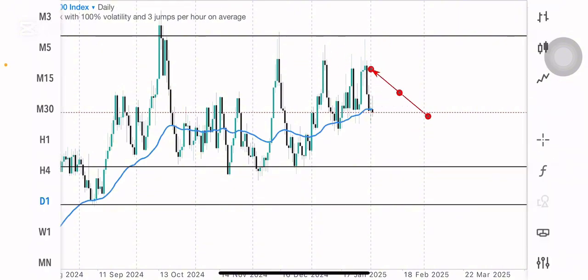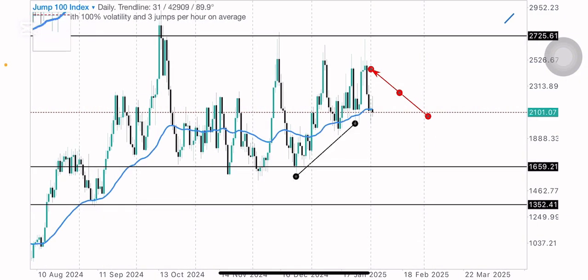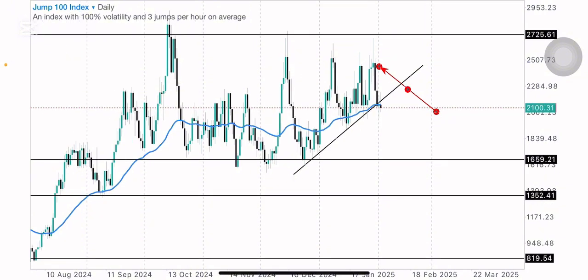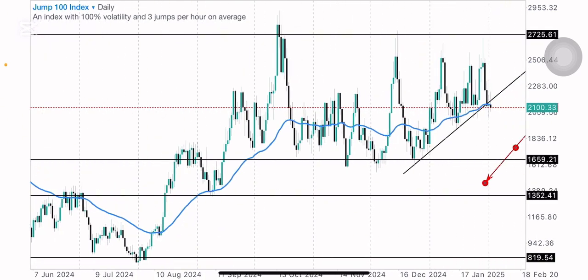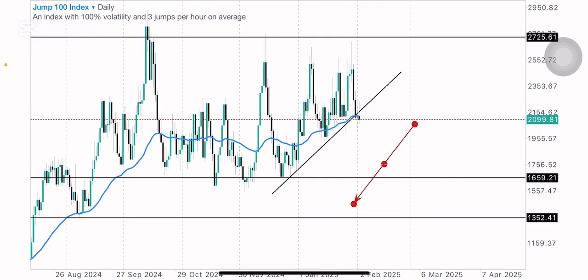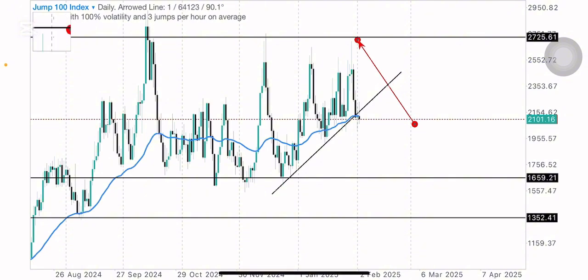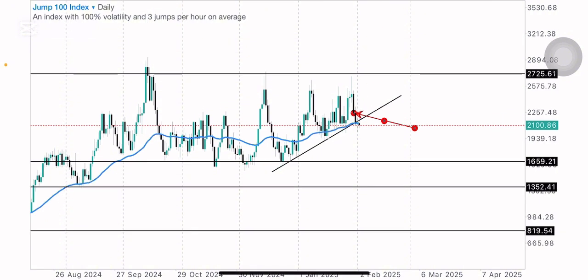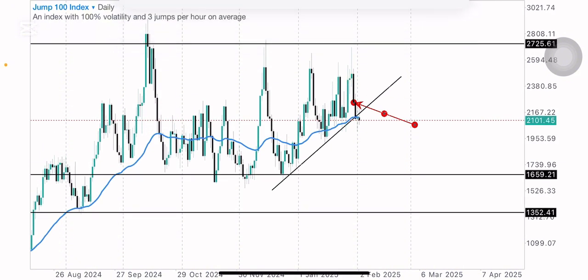So if we eventually get price to break this trend line significantly, we might be tanking downwards. But if you get price to break above this high, it is going to be pushing up very high.